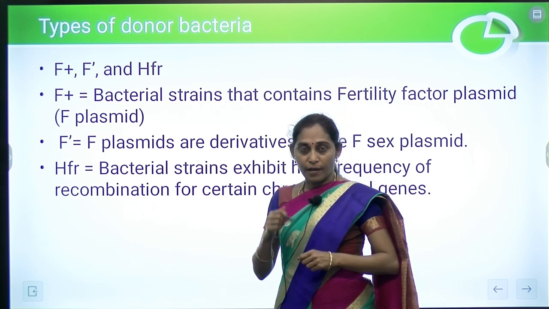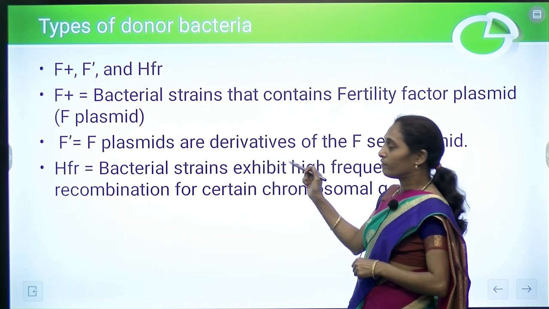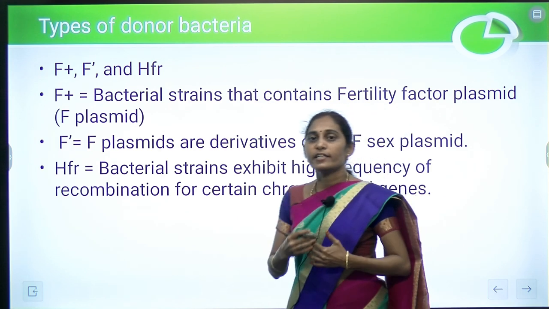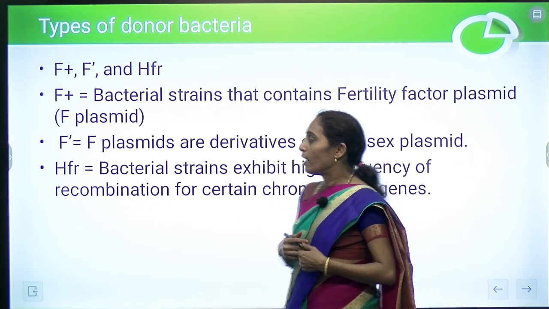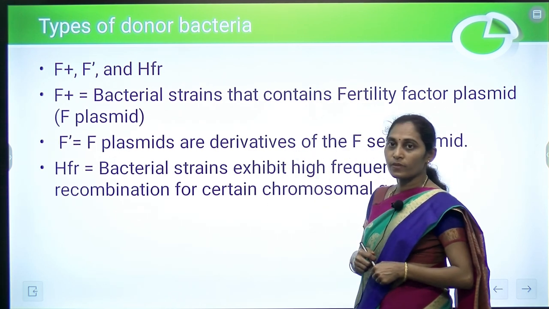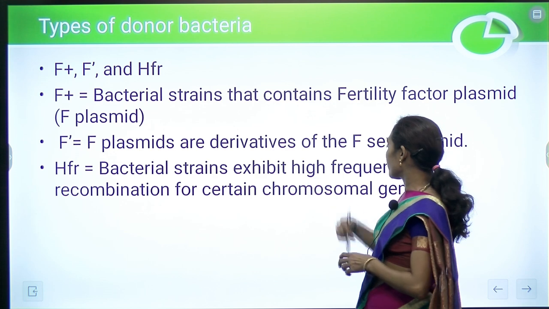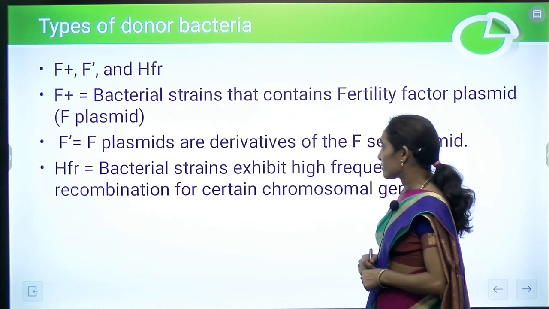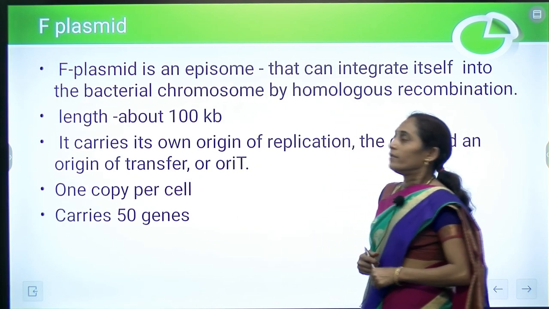In F prime cells, the plasmid is derived from F plus strains and has some chromosomal genes present along with the F plasmid. In HFR strains, the bacterial strains exhibit high frequency of recombination for certain chromosomal genes.